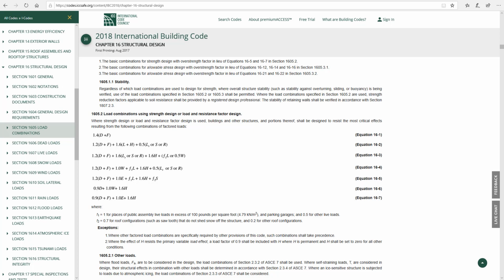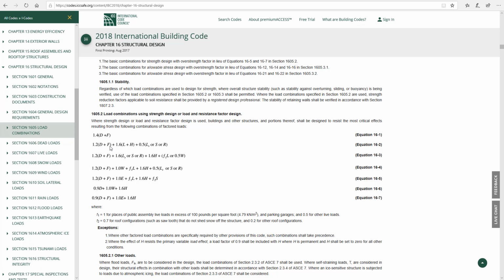And we're going to look for a load combination that we think is going to provide the largest load, the maximum load, to design the member for. So first we have this 1.4 dead. That could be the maximum load, however there is no live or snow involved in this equation, so it's pretty unlikely that this load combination is going to control.